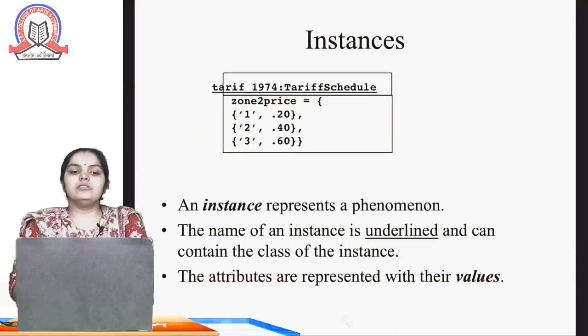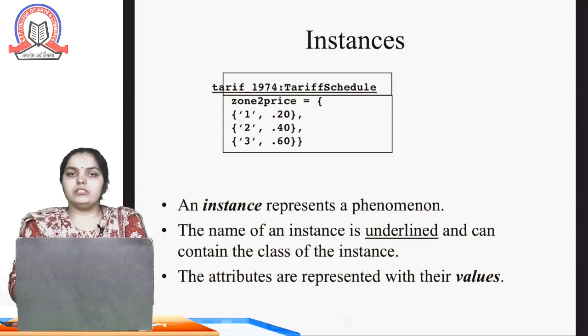Next we'll discuss instances in the class diagram. As you can see, we represent class instances in the given format. First of all, on the top of the block or table, you can see Tariff 1974 and its tariff schedule.